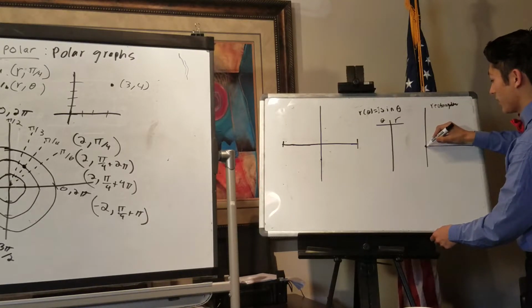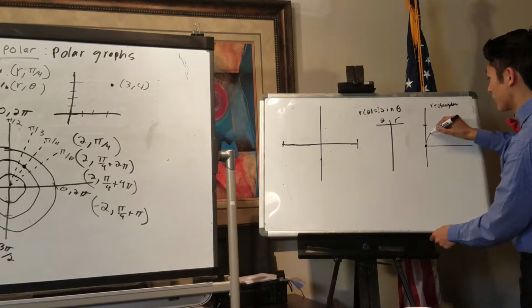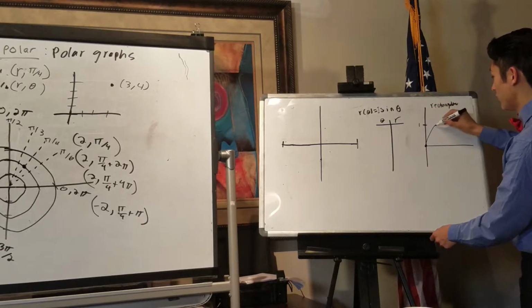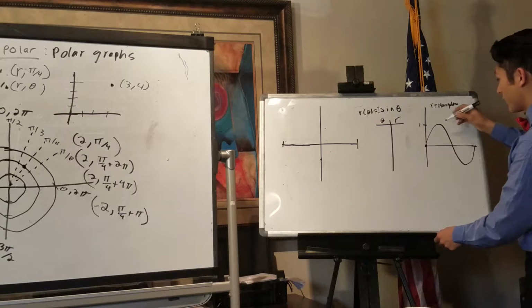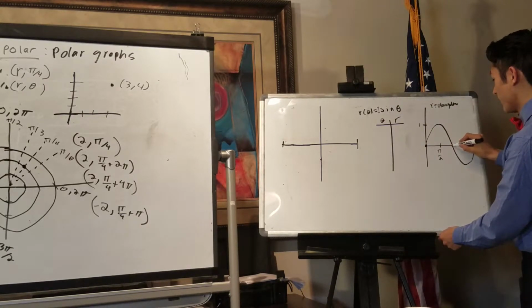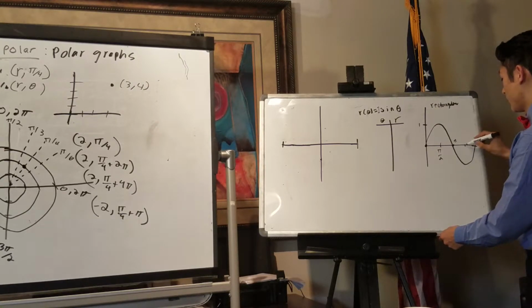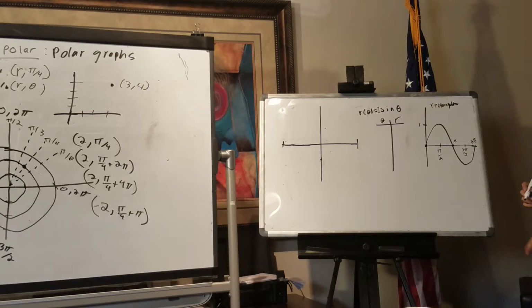Sine would start here at the origin and then come up to 1 and then come back down to 0 and then come down to negative 1 and then back up. And at these points it would hit 1 at pi over 2, it would hit 0 at pi, it would hit negative 1 at 3 pi over 2 and go back to 0 at 2 pi radians.